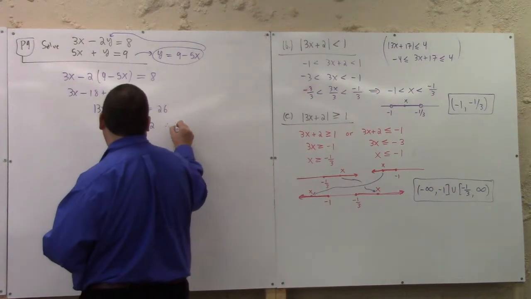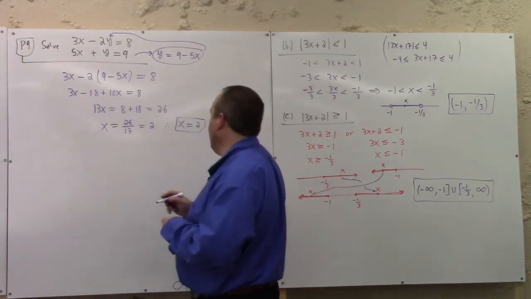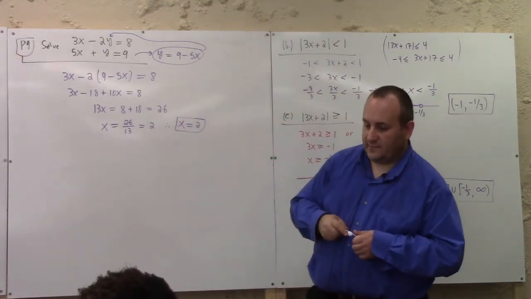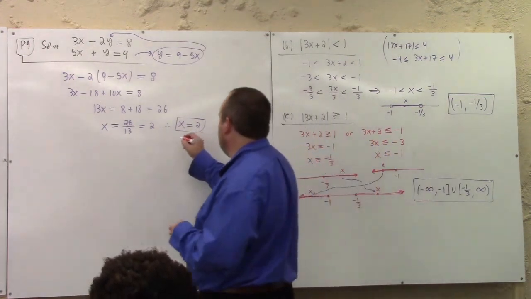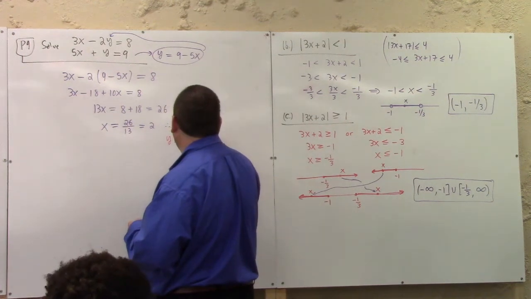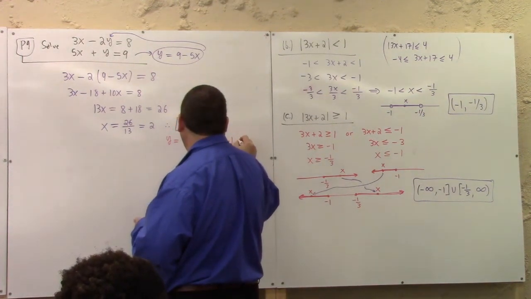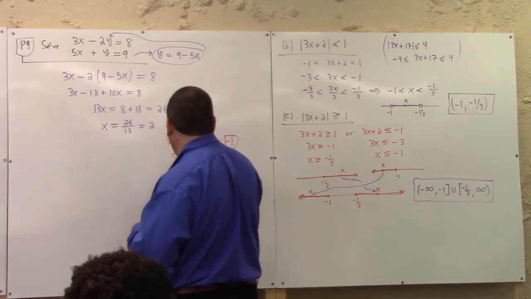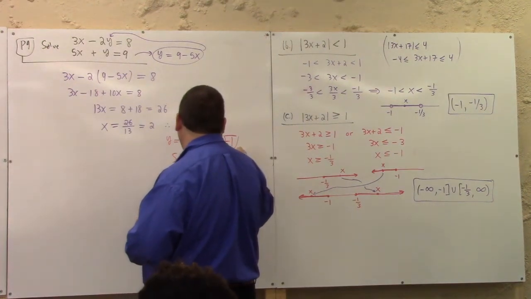X equals 2. Now what's y equal to? We go back to the formula for y, right? And that gives us y is 9 minus 5 times 2, which is minus 1. So the solution is 2 comma minus 1 if we want to write it that way.